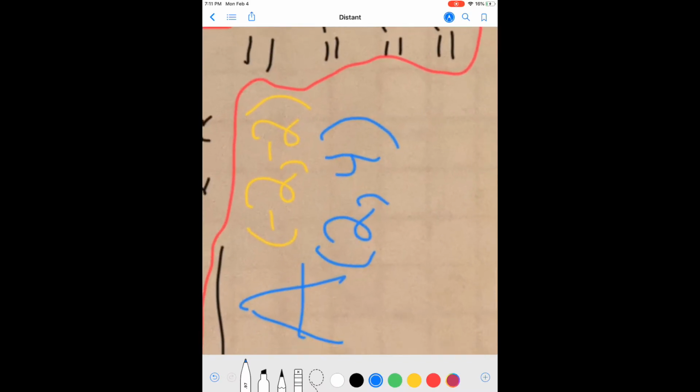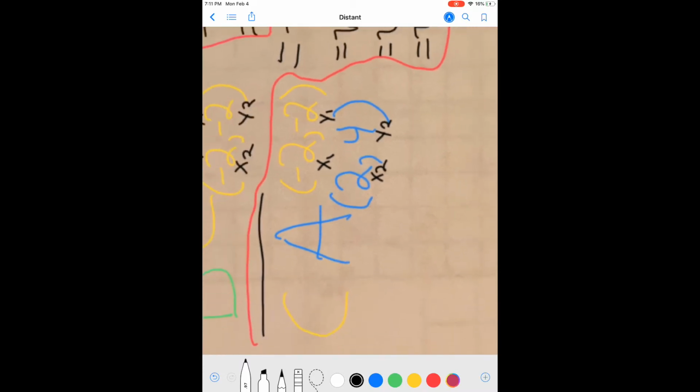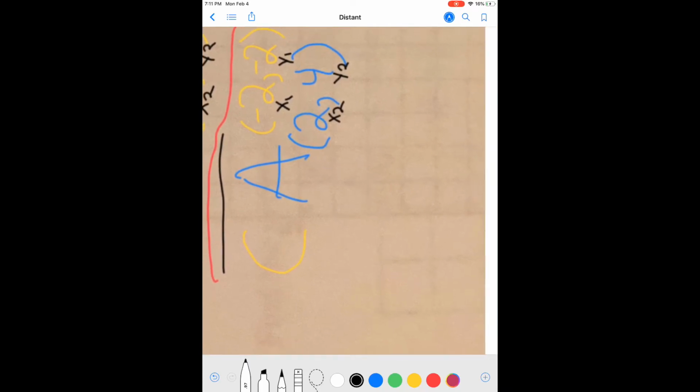So we need to come in here and identify what is what: x1, y1, x2, y2. I'm going to use the distance formula again, since it's not on the screen. D equals the square root of x2 minus x1 squared plus y2 minus y1 squared.